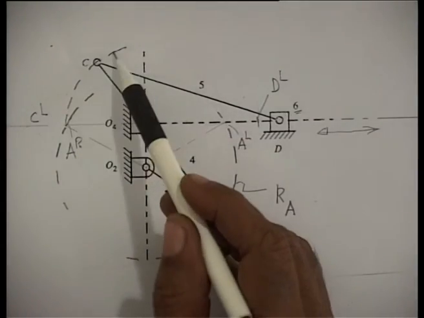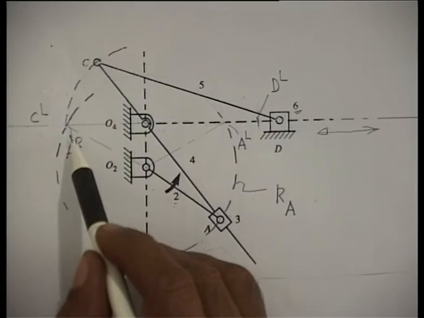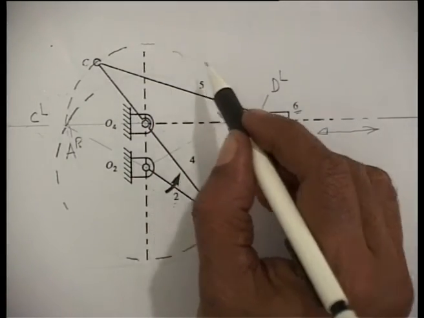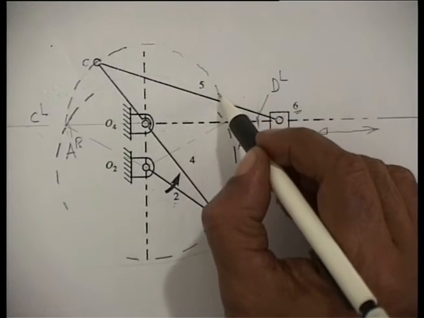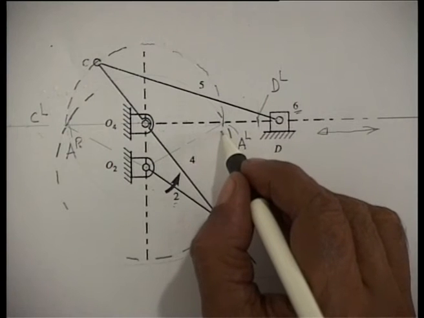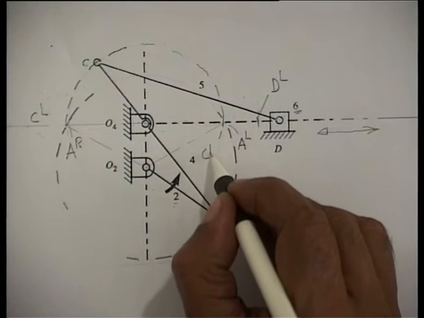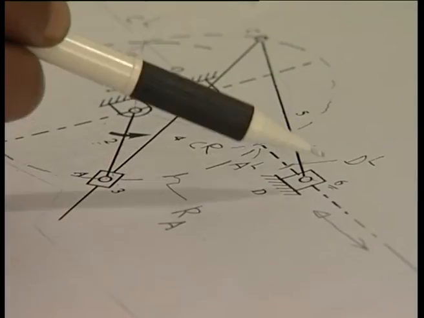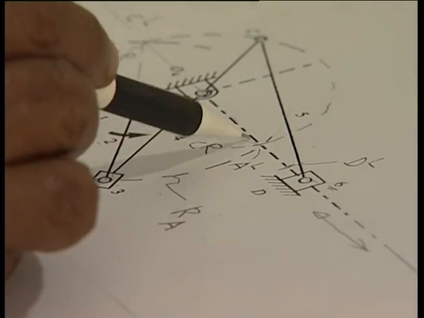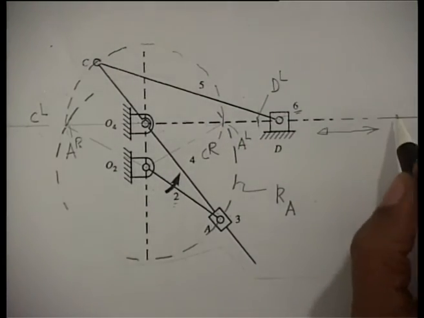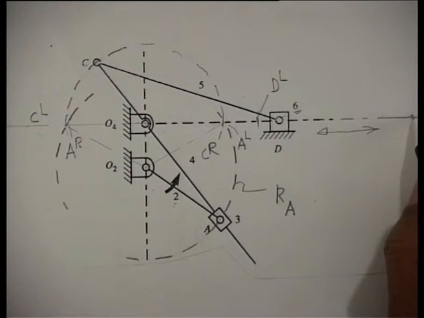Since C is moving on this circle and A, O4 and C must be on one line, if I draw this circle, that is the path of C, when it intersects this line of reciprocation, I will call that intersection as CR. Again, the distance CD is unique. So, from CR, if I draw an arc with CD as the radius, I get the rightmost position of D, which I call DR.